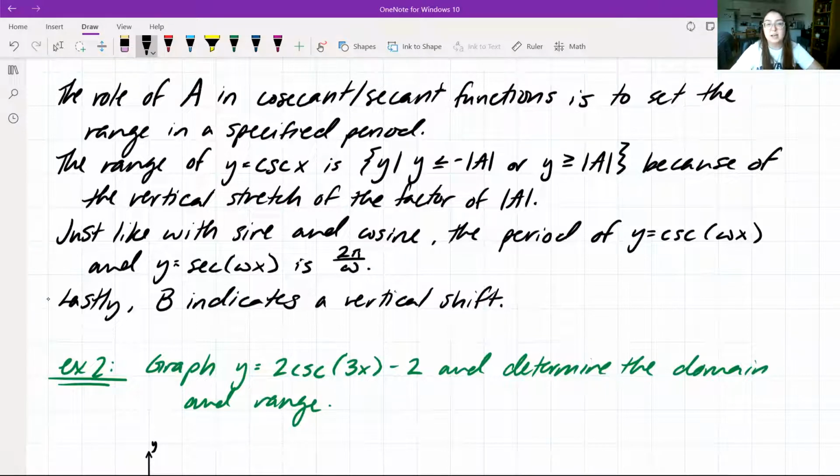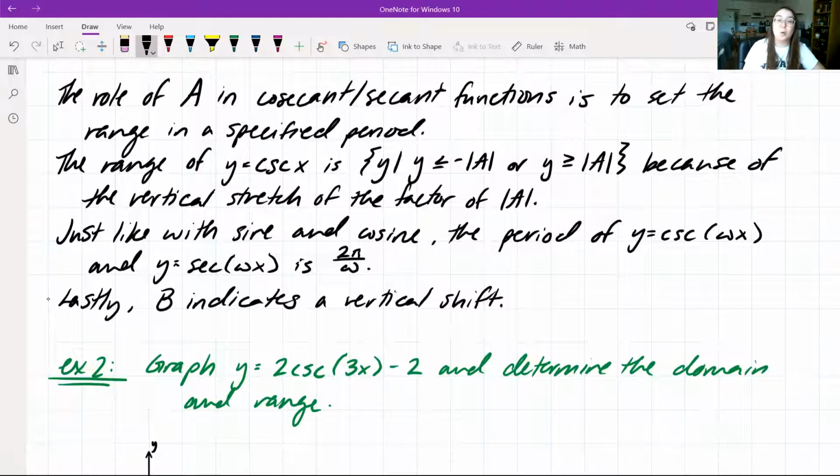And we're not saying that the range is going to be one or the other. The range is always that. It's always that statement of y less than or equal to negative absolute value of the amplitude, or y is greater than or equal to the absolute value of the amplitude. It's always both.